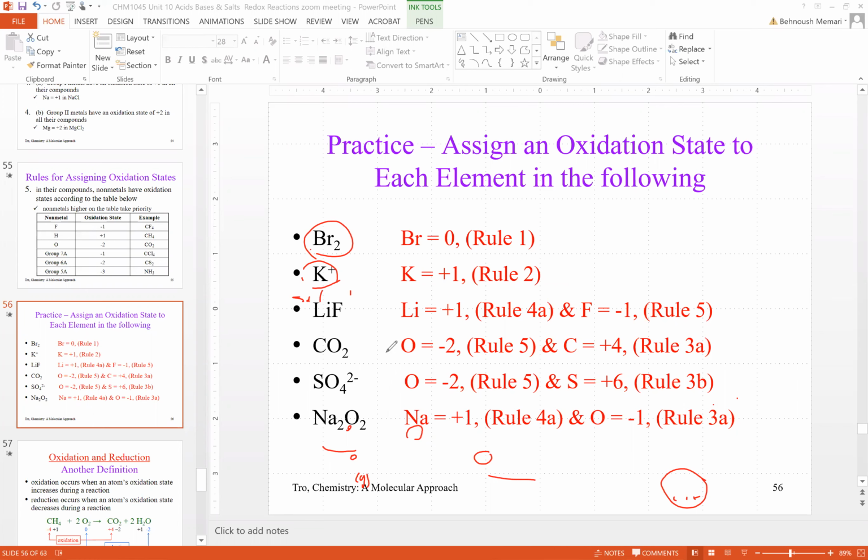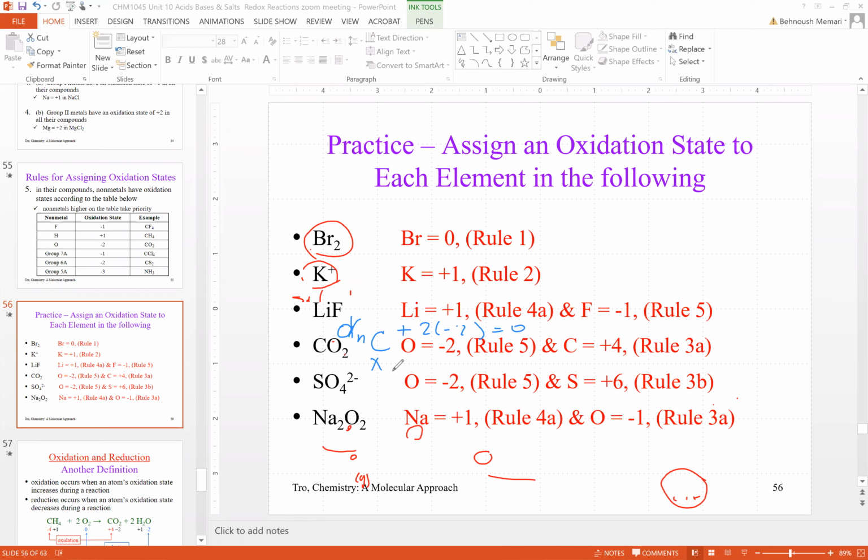In CO2, the oxidation number for oxygen is -2. So 2 times -2 is -4. Since the total is going to be 0, carbon must be +4. For that, you can just set up an equation. You could say X, which is the oxidation number for C, plus 2 times -2 equals 0.